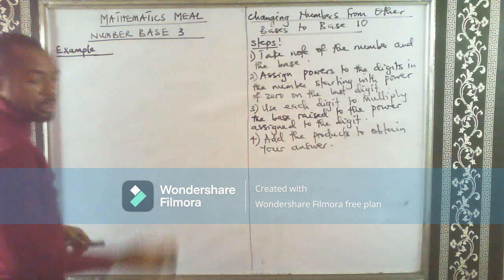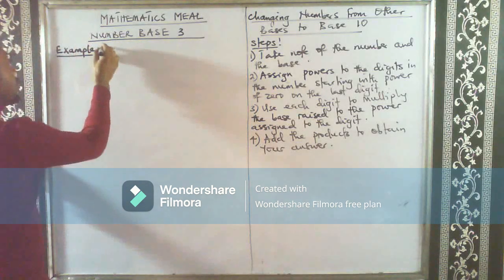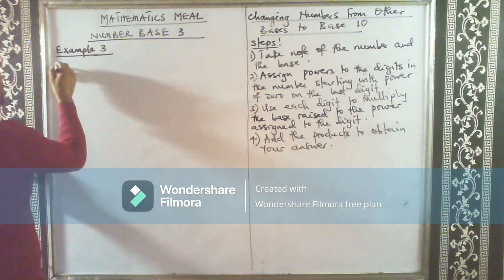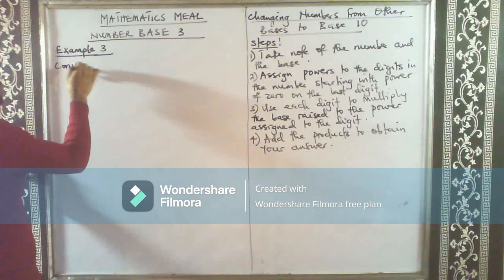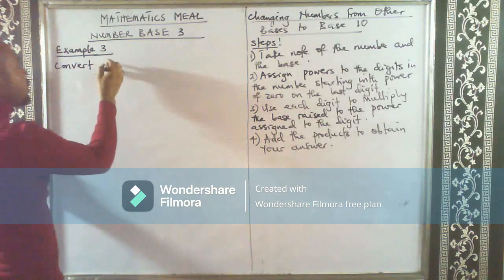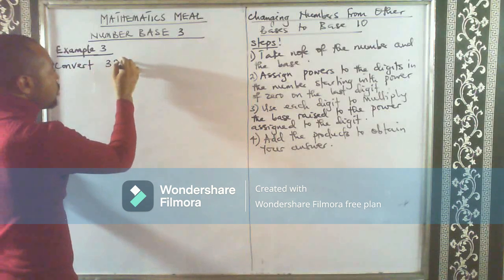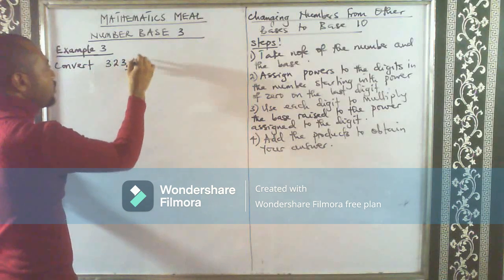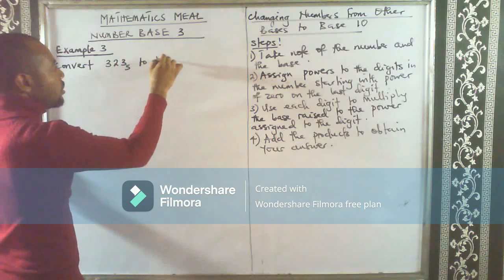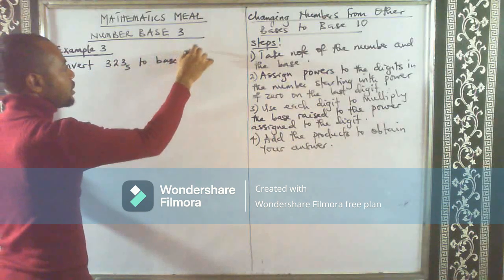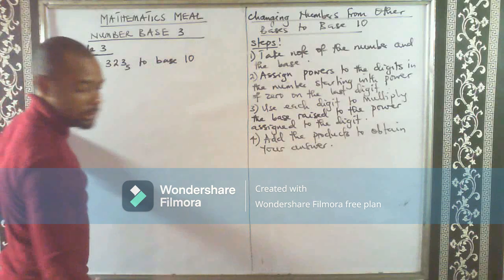Question number 3. Let's take the third example and then we'll consider another base. Convert 323 in base 5 to base 10.